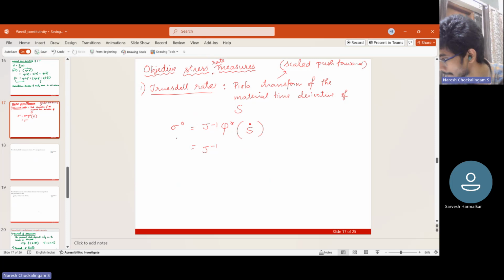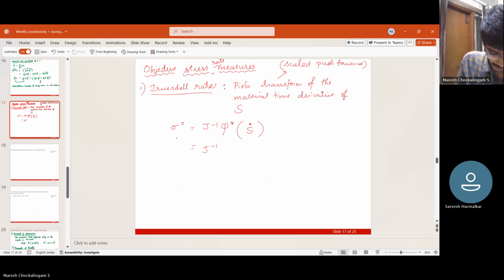So we have a J inverse and J, and these two get cancelled. So the push forward of this tensor is nothing but F S dot F transpose.